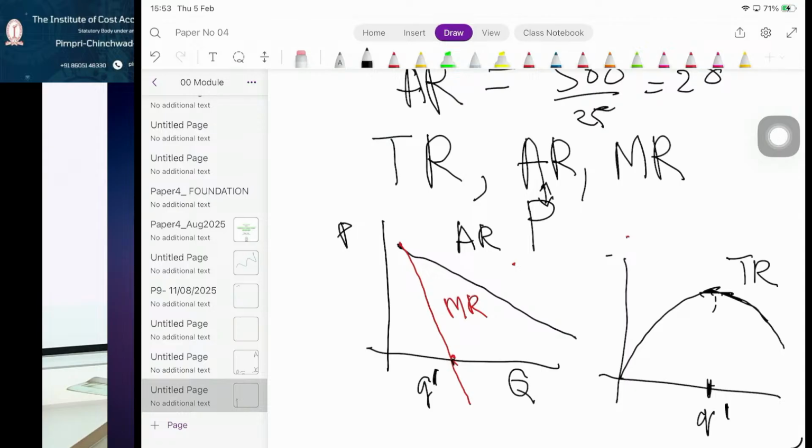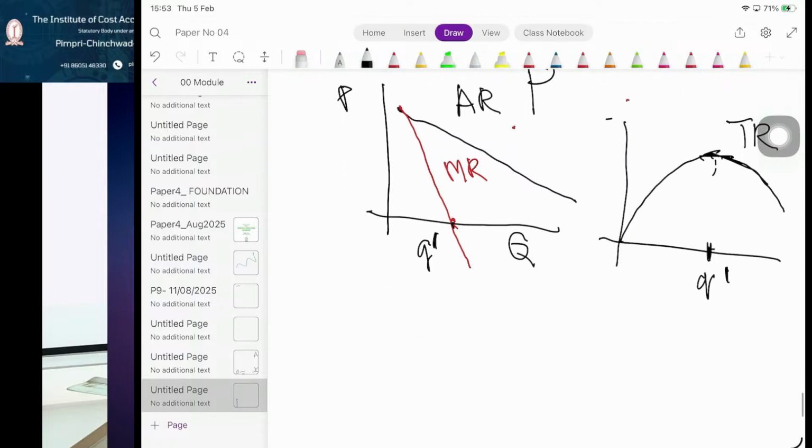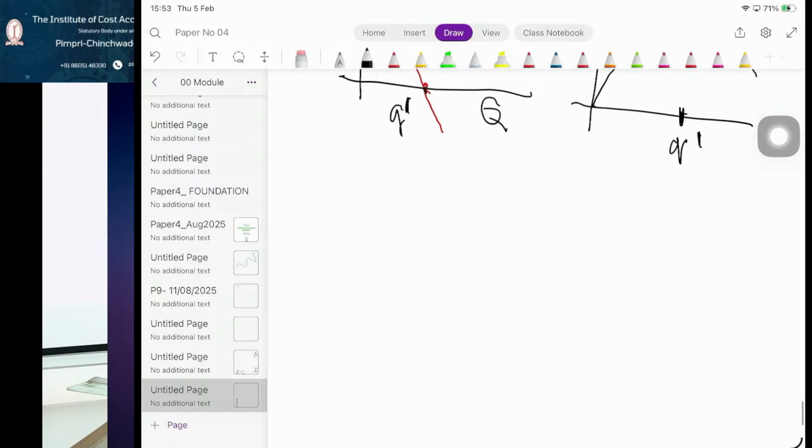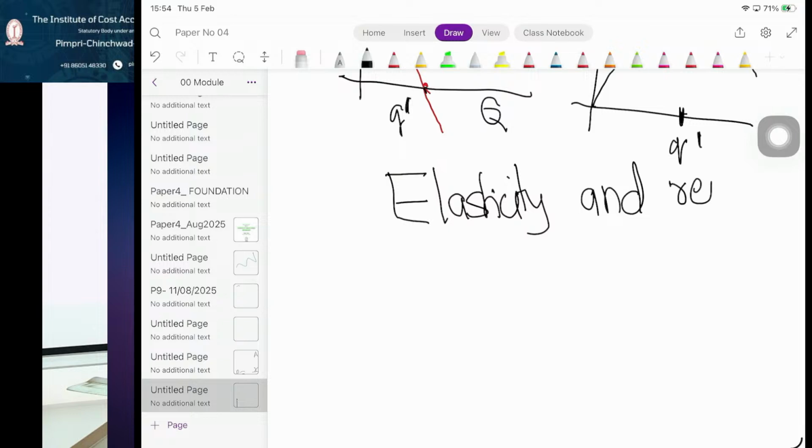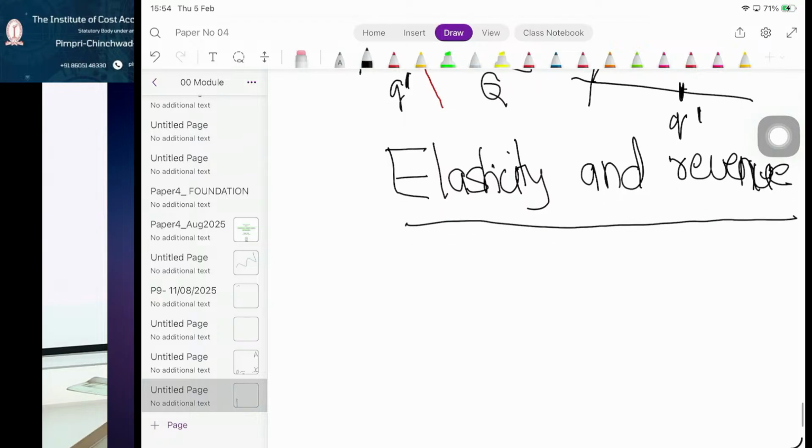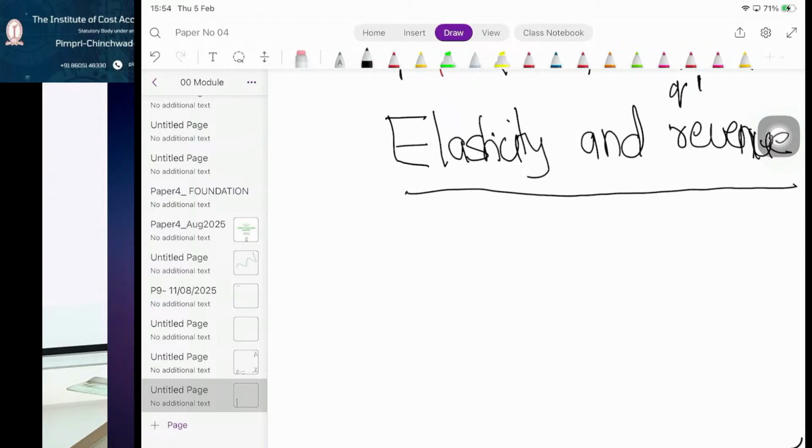Okay, so one concept that we have to realize now is elasticity and revenue.